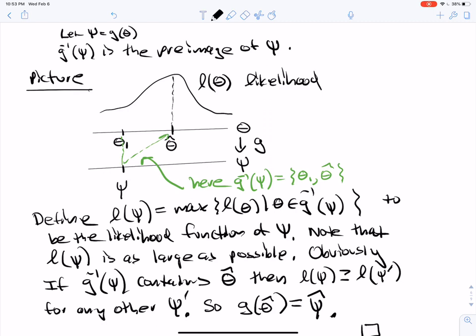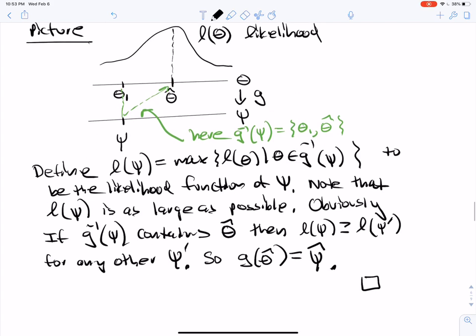You could imagine it being L of theta 1, or it could be L of theta hat, right? But I'm going to take L of phi to be the maximum of all those possibilities, which in this case would be L of theta hat. So L of phi is the maximum of L of theta over all theta in G inverse phi.